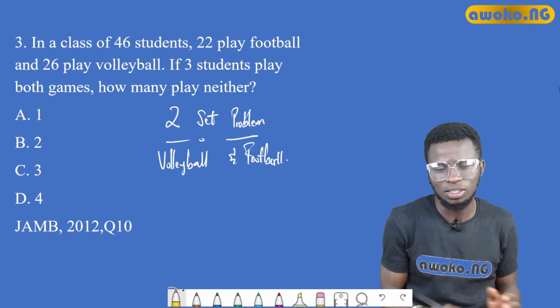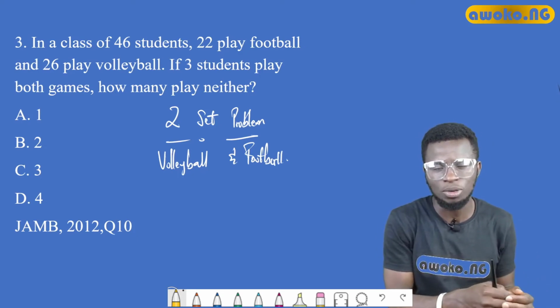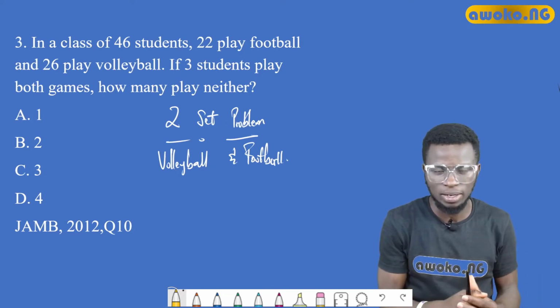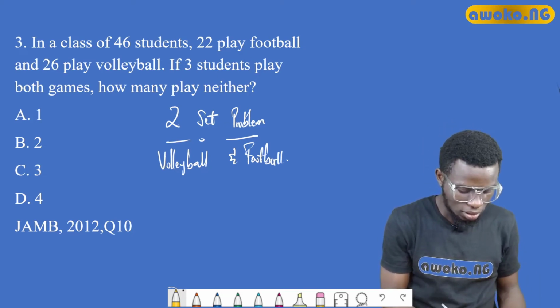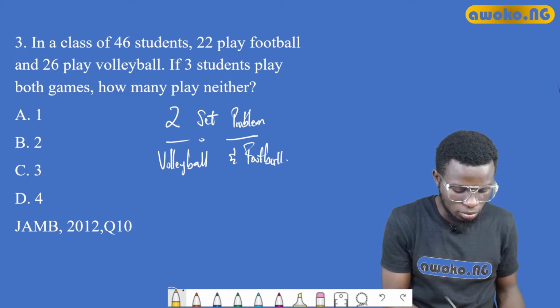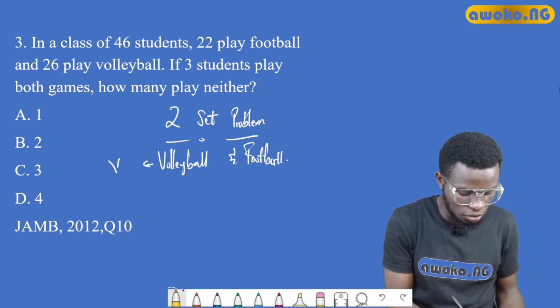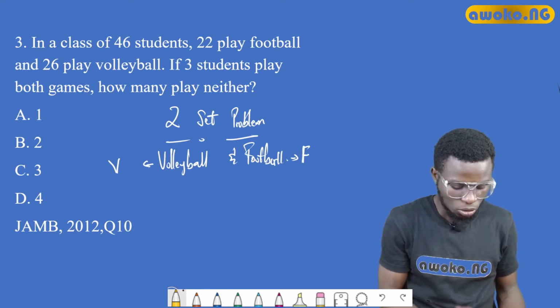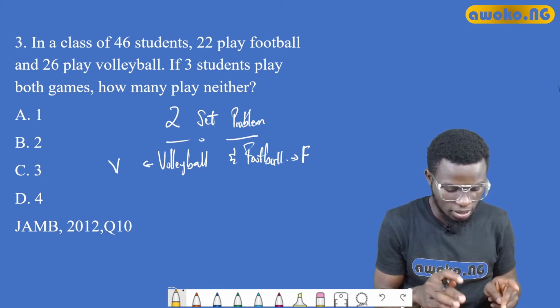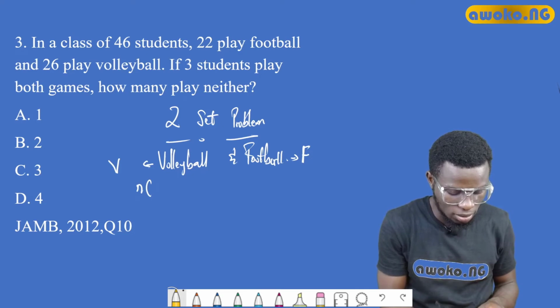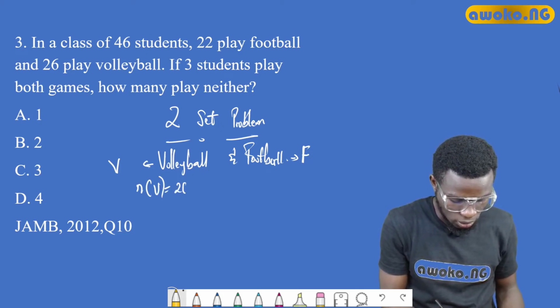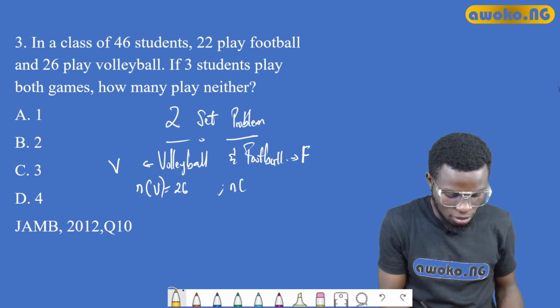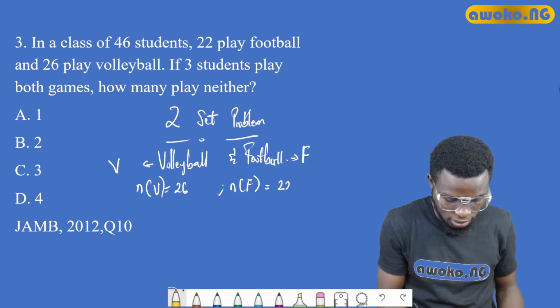You can decide to draw a Venn diagram or just use the formula method directly. Let us denote volleyball as V and football as F. The number of people that play volleyball gives us n(V) equal to 26, and n(F) is equal to 22.